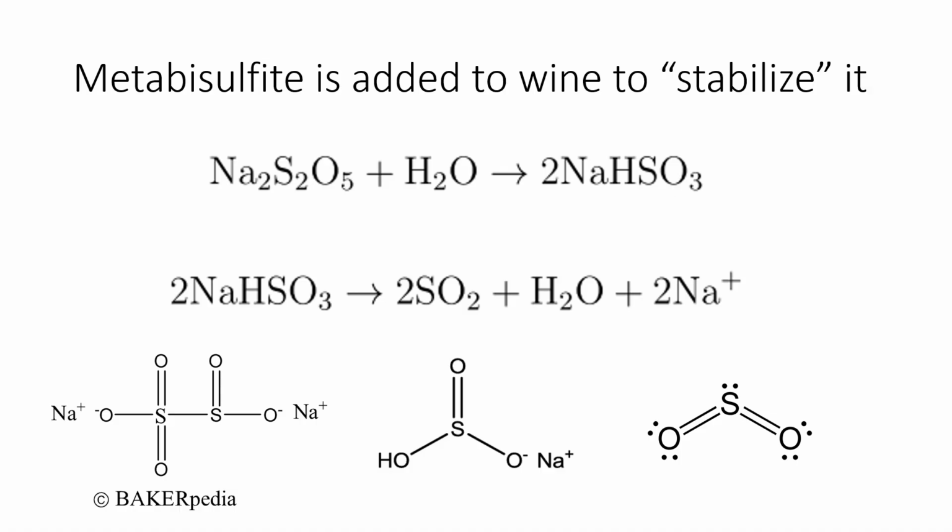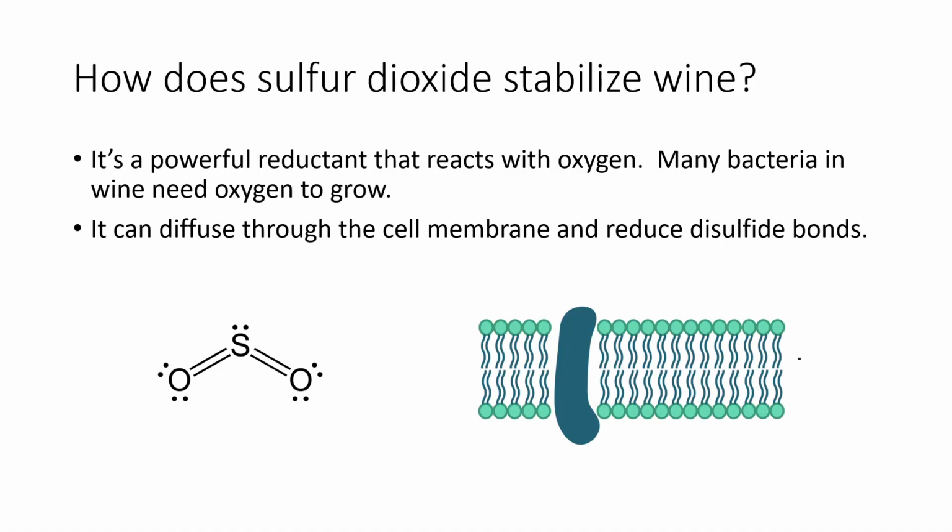And that sulfite can go on and make sulfur dioxide. And the sulfur dioxide, and the sulfite as well, can help stabilize our wine. Okay. So how does that happen?